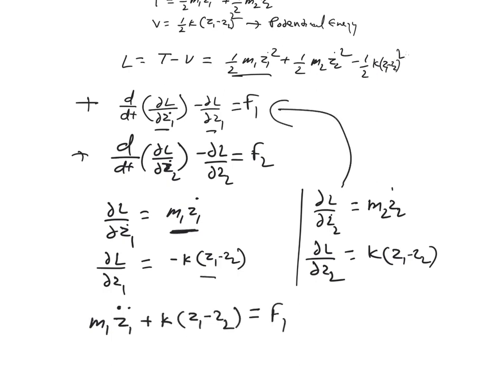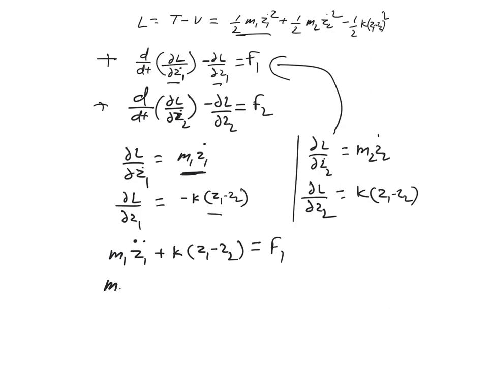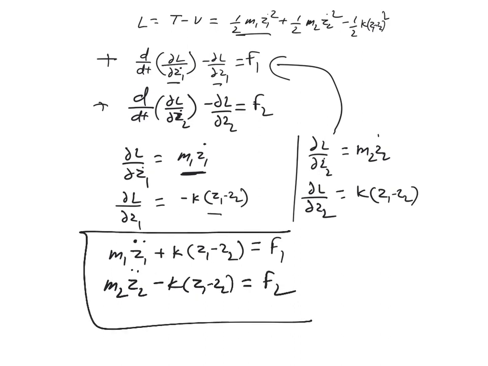That's our first equation. And the second equation similarly will be m2 z2 double dot minus k (z1 minus z2) equals f2. This, ladies and gentlemen, is our equations of motion.